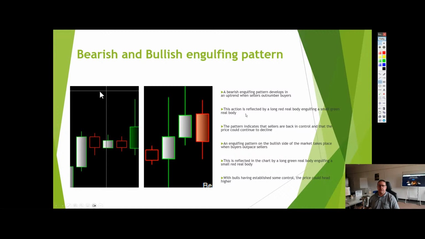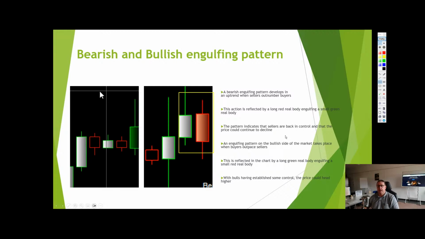This action is reflected by a long red body engulfing a small green body, like this one. This pattern indicates that the sellers are back in control and that the price could continue to decline. Be careful, could. It's a probability. There is absolutely no guarantee.